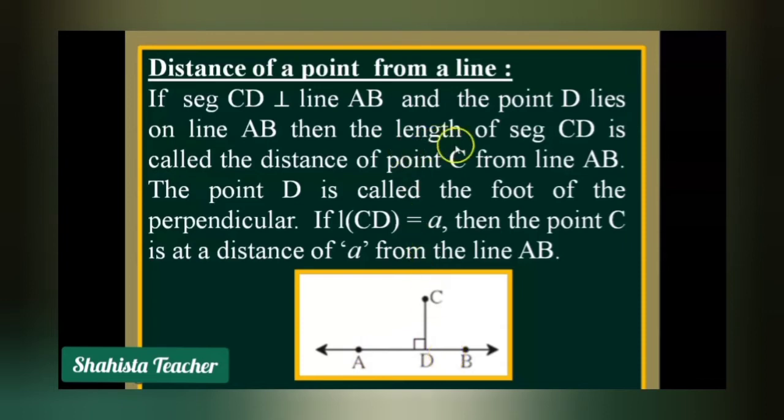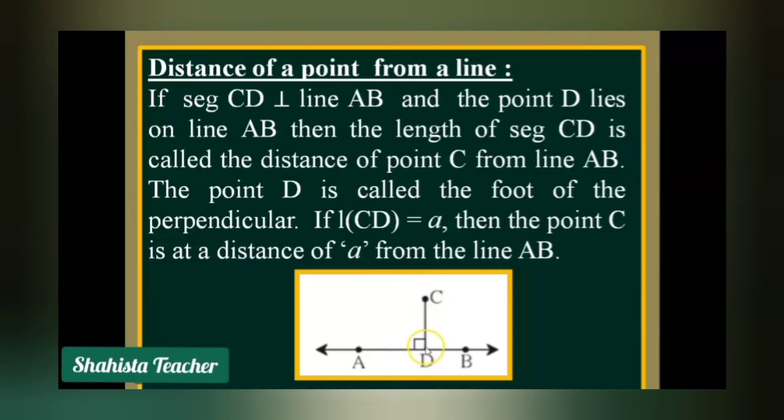Okay, so here the length of CD is called the distance of the point C from AB. Okay, so the point D is the foot of the perpendicular segment.